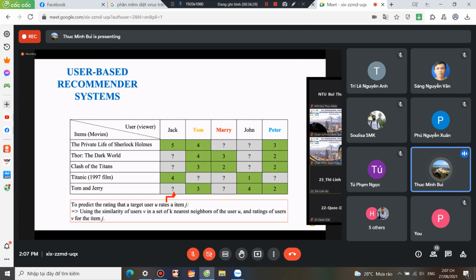If we want to predict the rating that a target user U gives an item J, we can use the similarity of users V in a set of K nearest neighbors of the user U and the ratings of users V for the item J.